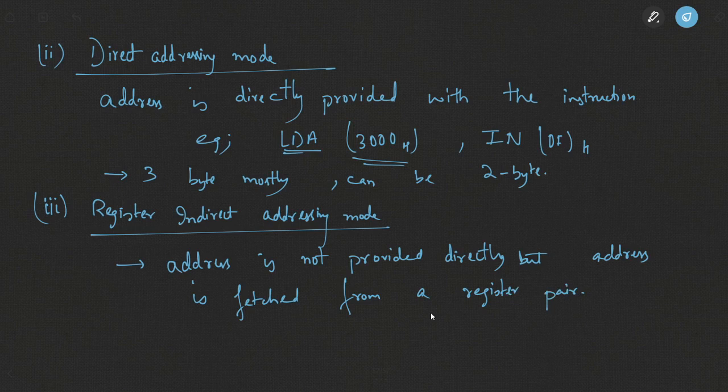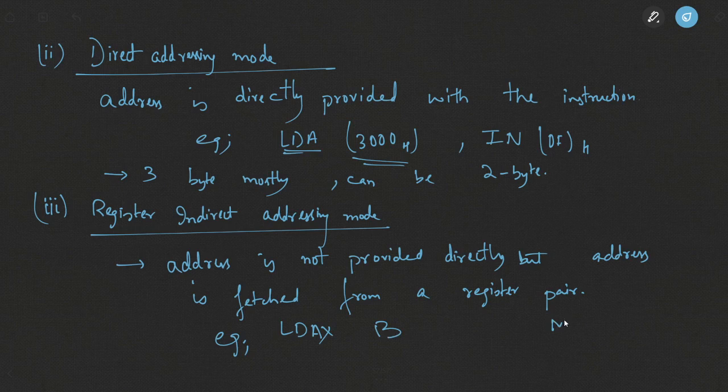For example, we have LDAX B. Fine. So this basically loads the accumulator with the contents of the address location that are actually given in the register pair.